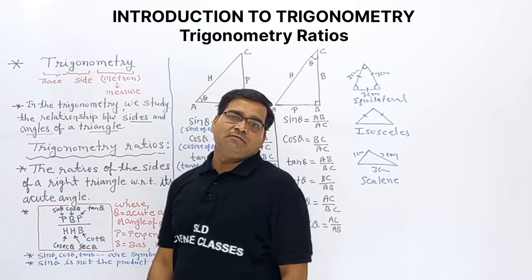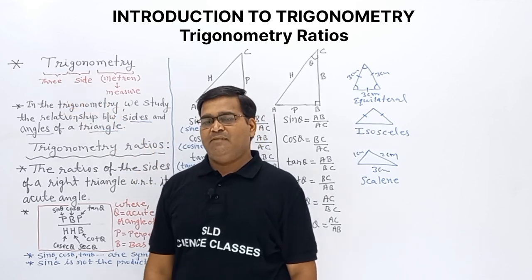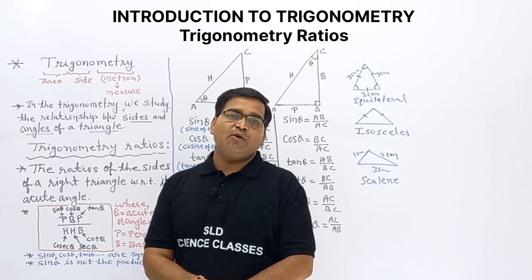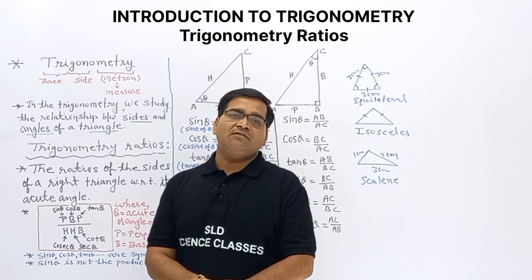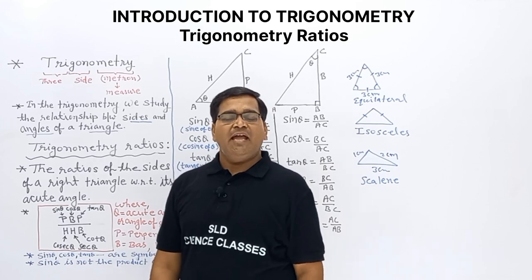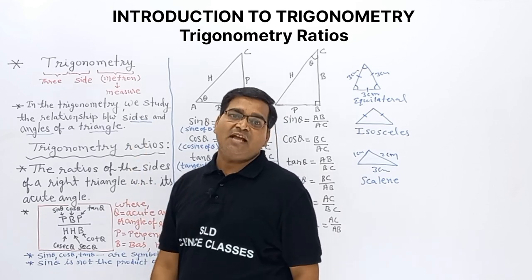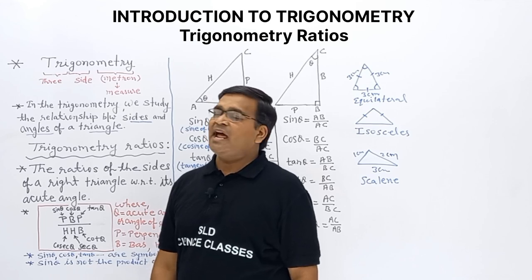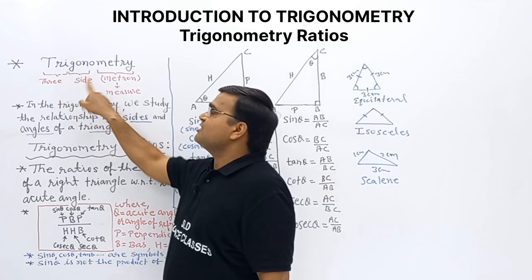So in trigonometry we study a three-sided shape. A closed path, a closed curve having three sides is called a triangle.